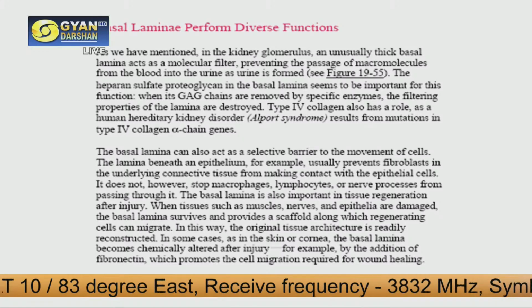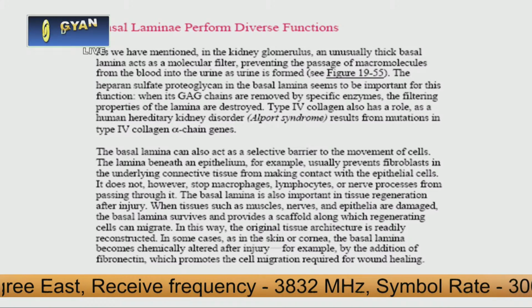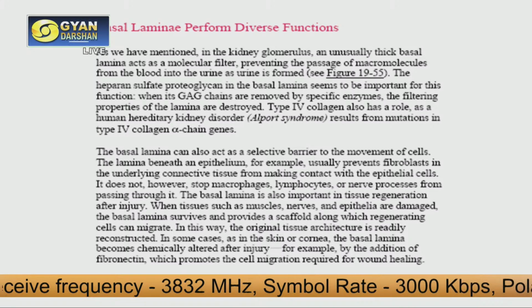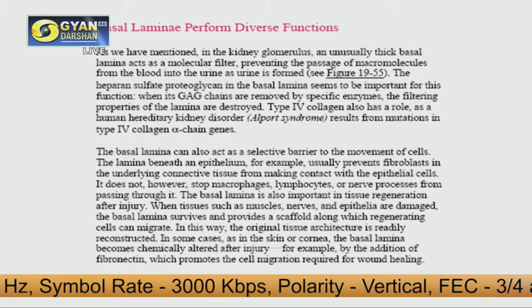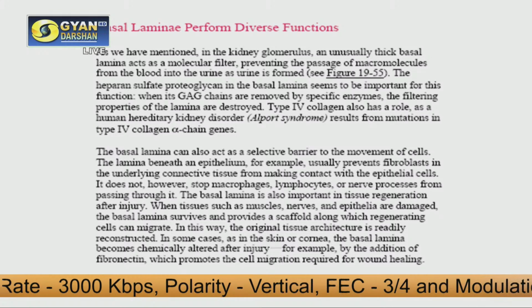So laminin is important, and at the same time collagen, that is type 4 collagen, as we have seen in the basal lamina, is equally important, because a mutation leads to this kind of disease, or rather syndrome, in the kidney.